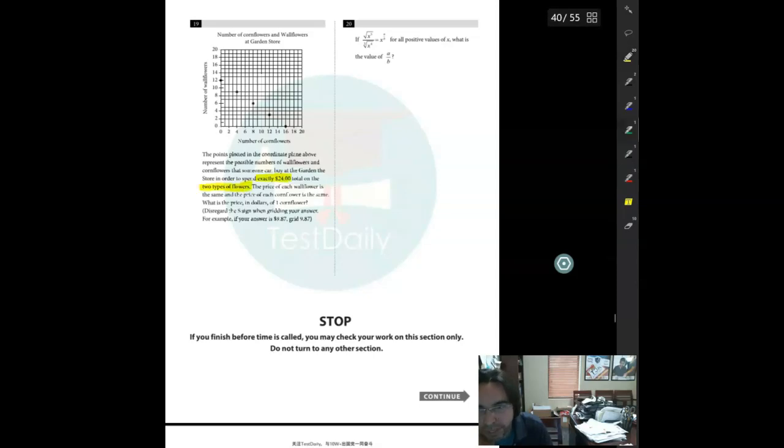So we know wallflowers plus cornflowers equals $24. The price of each wallflower is the same and the price of each cornflower is the same. What is the price in dollars of 1 cornflower? So we want to know what 1 cornflower costs.